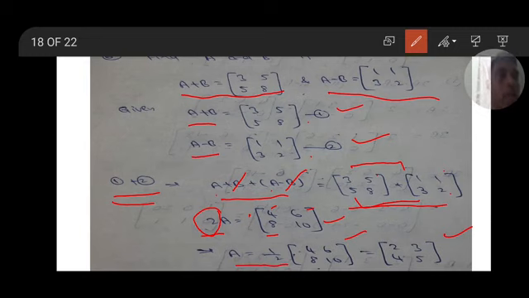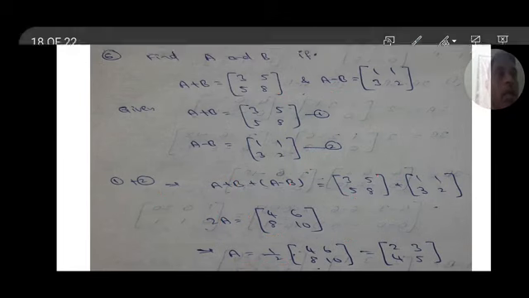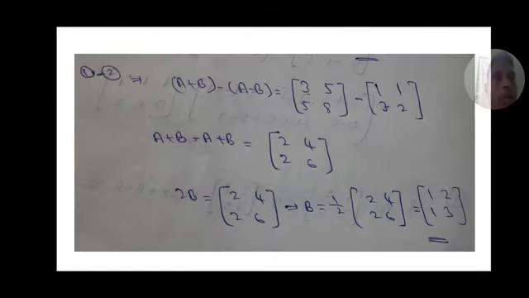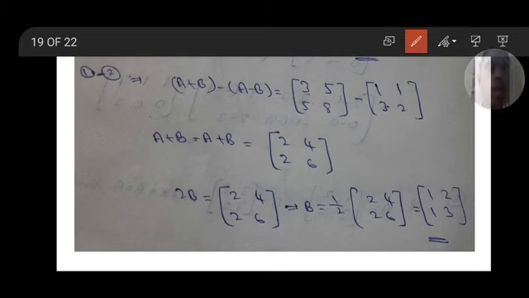To get B, we subtract equation 2 from equation 1: the left-hand side of the first equation, A plus B, minus the left-hand side of the second equation, A minus B, and the first matrix minus the second matrix.